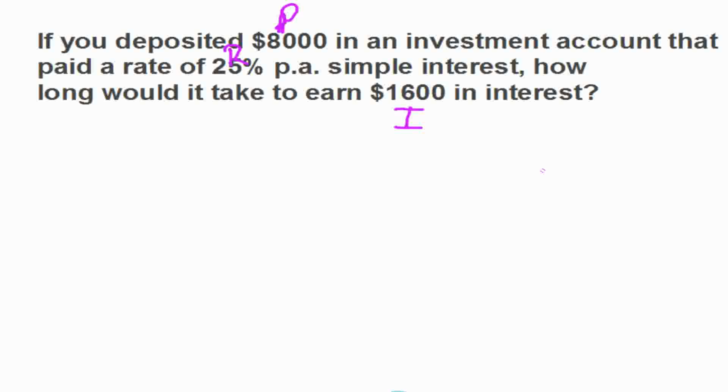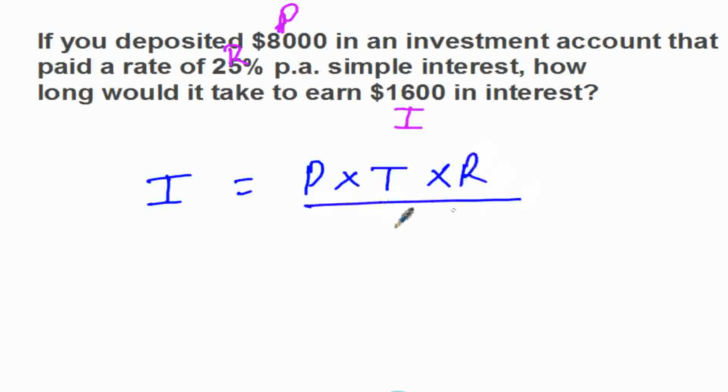So using our formula, I equals P times T times R over 100. We have this interest, we have the principal, we have the rate. We are interested in the period.